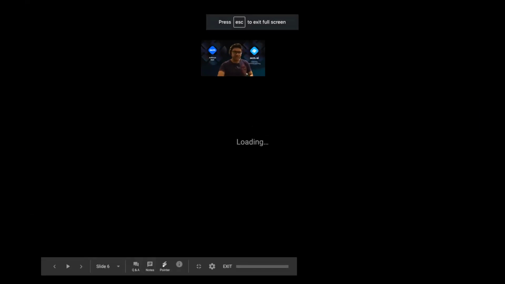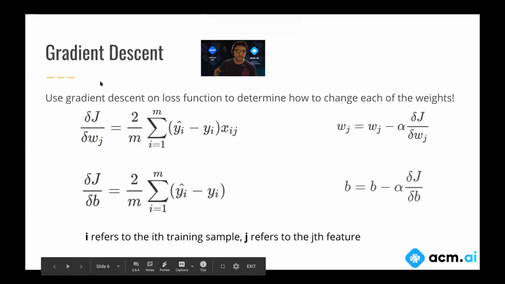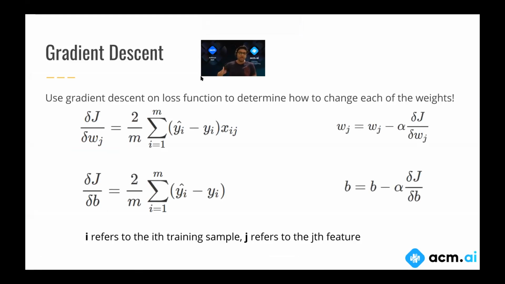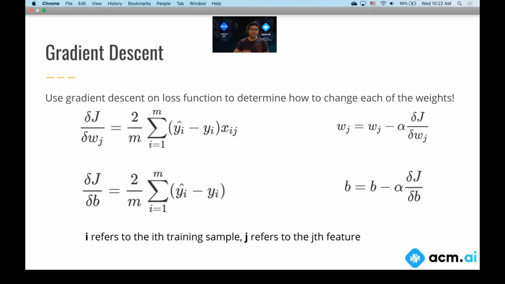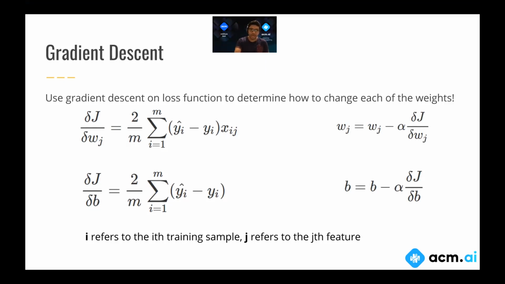It seems complicated at first, but once you think about it, all we're doing here is calculating the partial derivative of J with respect to some weight W sub J. If you take a look at the loss function and differentiate it with respect to that weight, you'll realize that our loss function is the sum from i to m of (y sub i hat minus y) squared, which is the mean squared error.